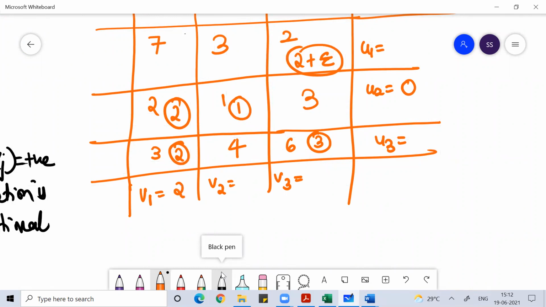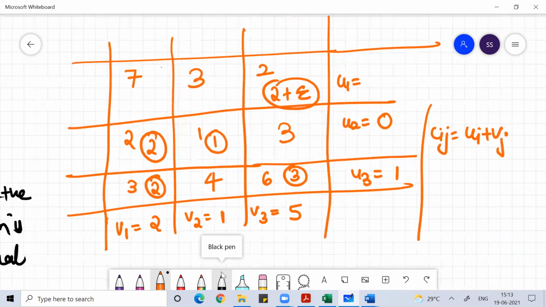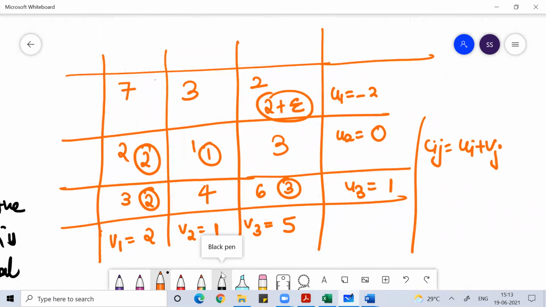Apply the formula: Cij is equal to ui plus vj for occupied cells. This becomes 2, this becomes 1, then this becomes 1, then this becomes 5. If this is 5, this becomes minus 3.